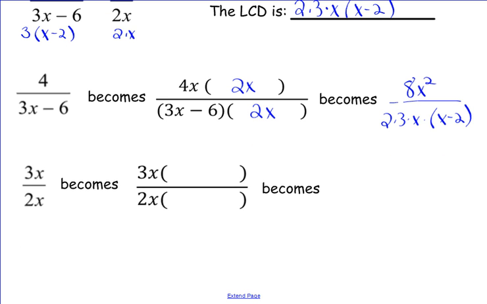Okay, this is leading us into adding and subtracting, guys. I'm serious. Now what do I do to 2x to make it into our least common denominator? Well, I've got to multiply it by 3 and then by x minus 2. So that has to happen here also. Leave my denominator in its factored form.